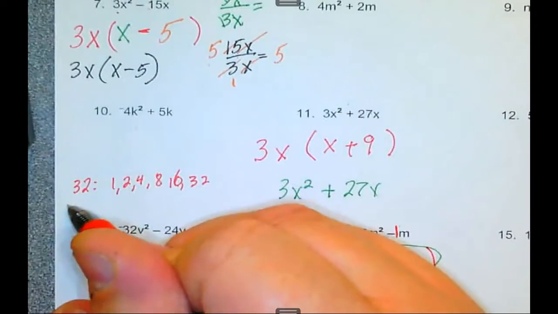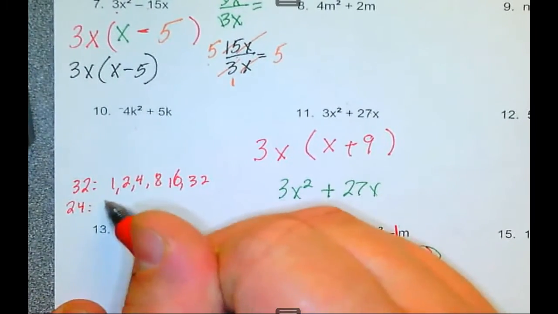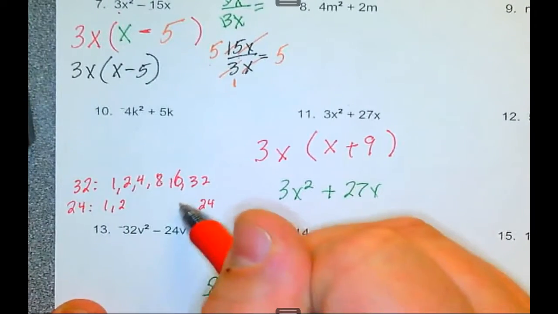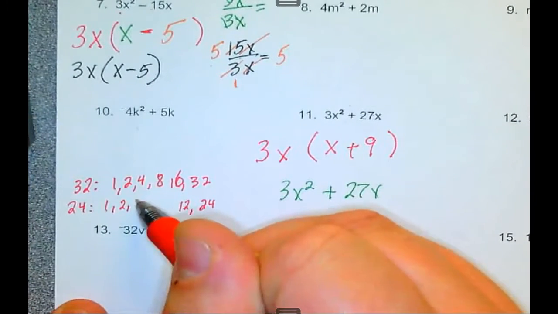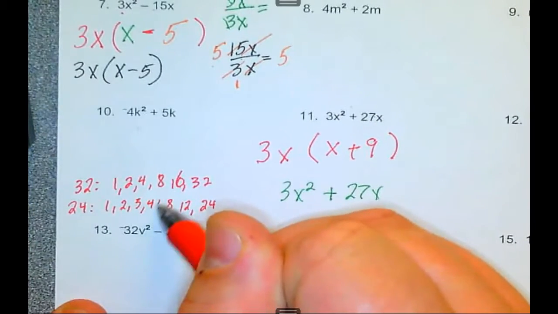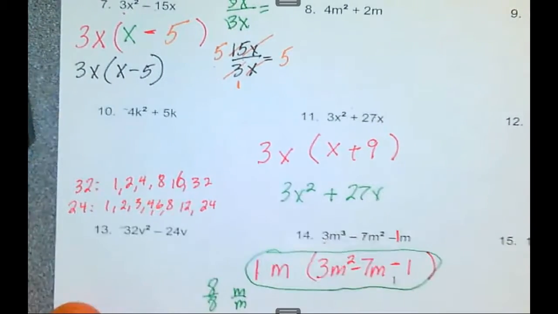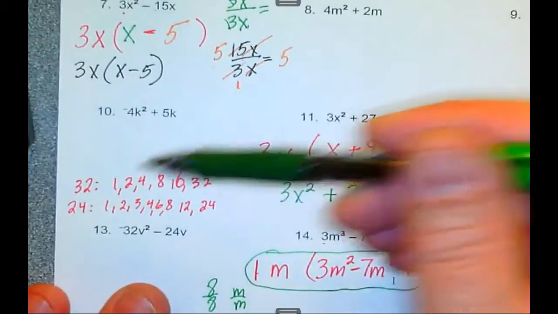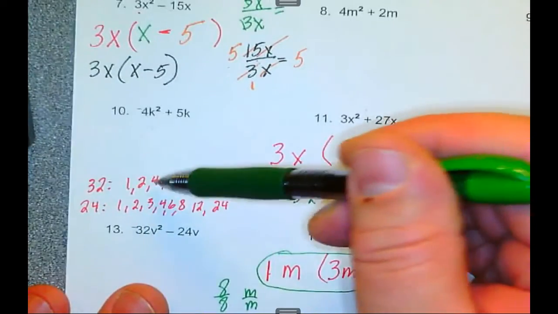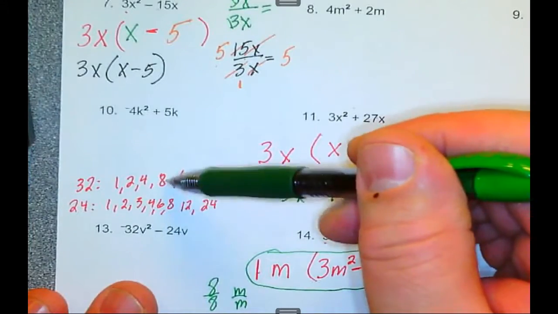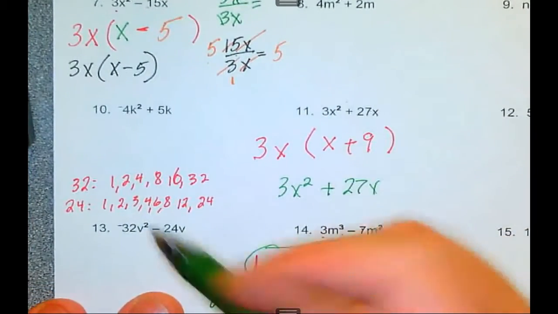And 24: 1 and 24, 2 and 12, 3 and 8, and 4 and 6, right? What's the highest factor for both? See, here's 2's, here's 4's, here's 8. Looks like 8, right?